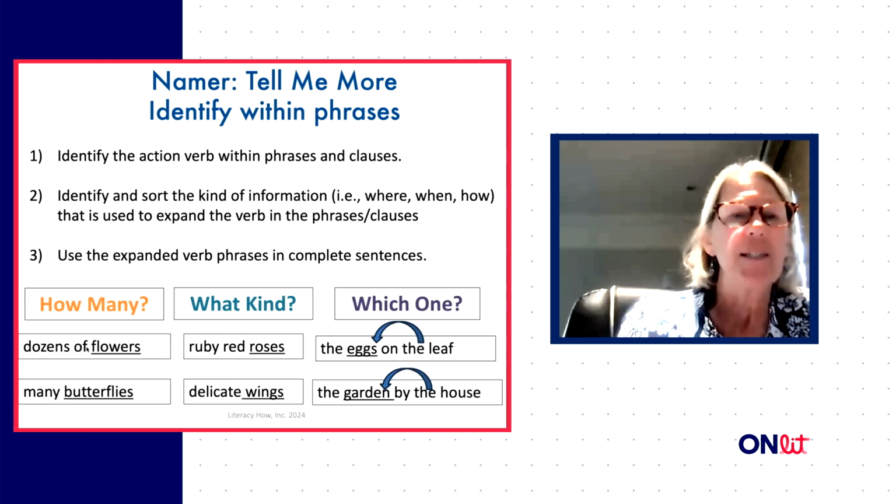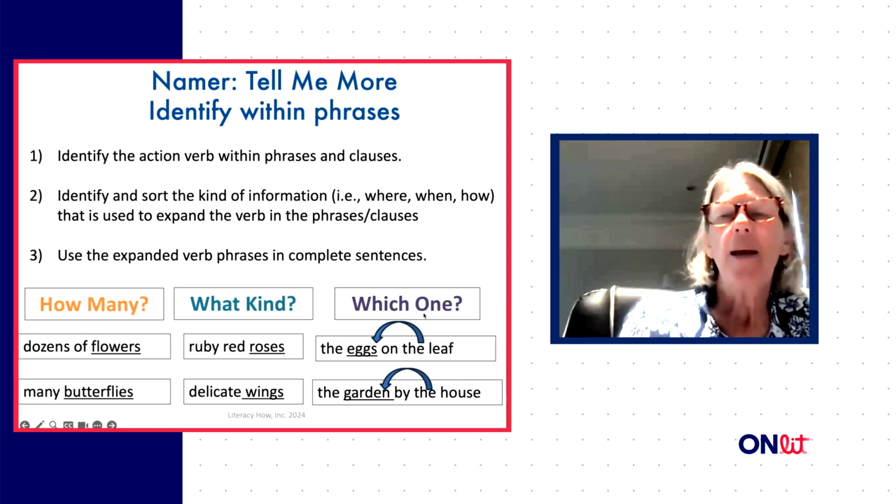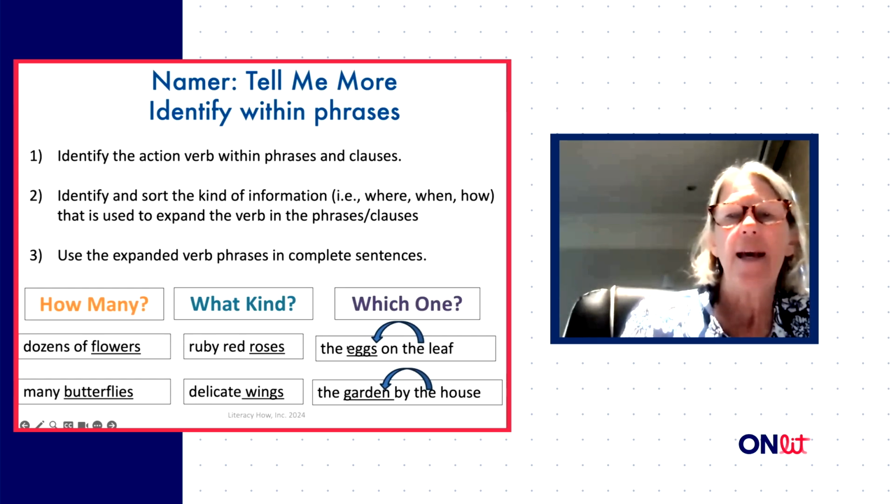So we have dozens of flowers, many butterflies, what kind, ruby red, delicate. And again, which one? Now we're going to answer that question with an adjectival phrase, right? Which eggs? The eggs on the leaf. Which garden? The garden by the house. Because it's this whole phrase that actually tells more or describes the noun or the namer.